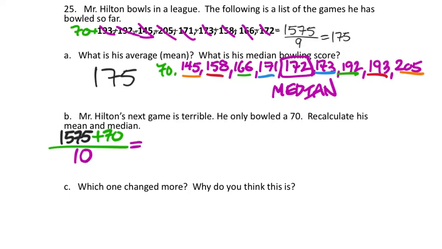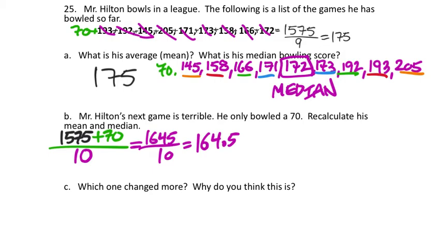So I take 1575 plus 70, and I get 1645. Then you divide that by 10, that's just moving the decimal one spot. So that'd be a 164.5 score. A new average if he bowls a 70 on the next game.